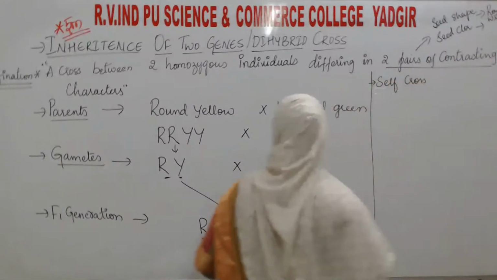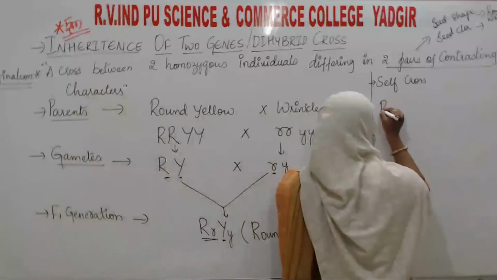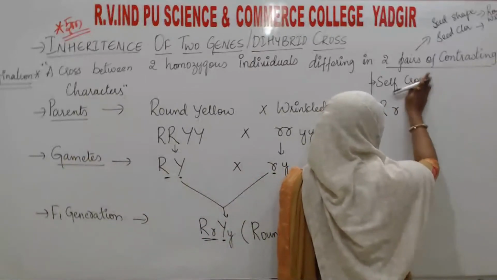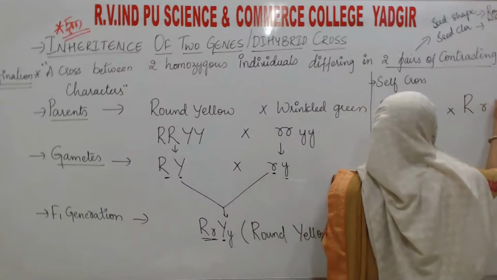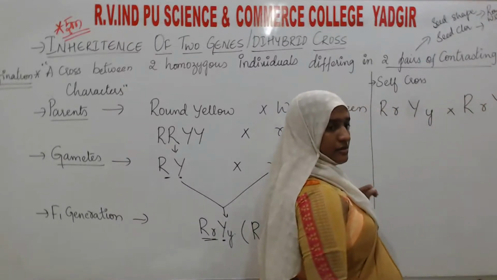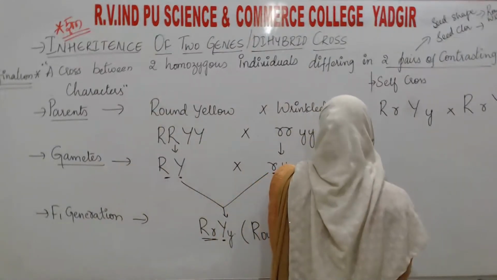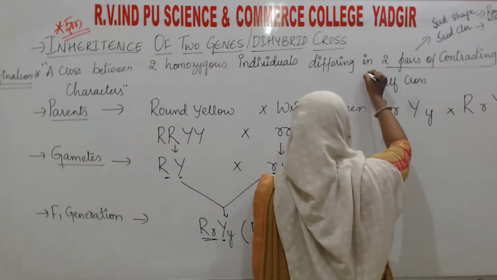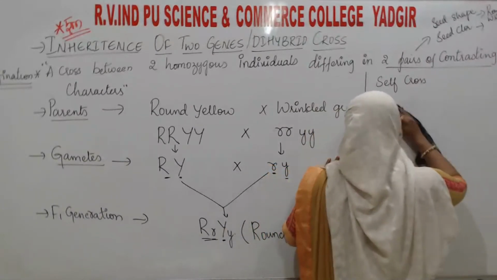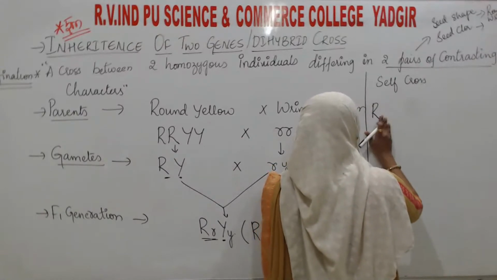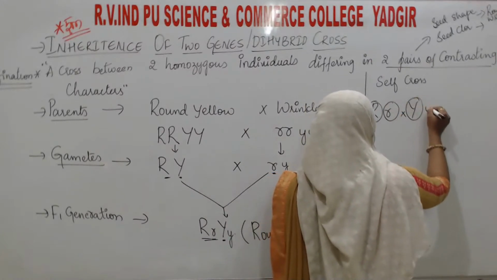In the self-cross, we take the genes of the offspring, capital R, small r, capital Y, small y, and cross with capital R, small r, capital Y, small y.